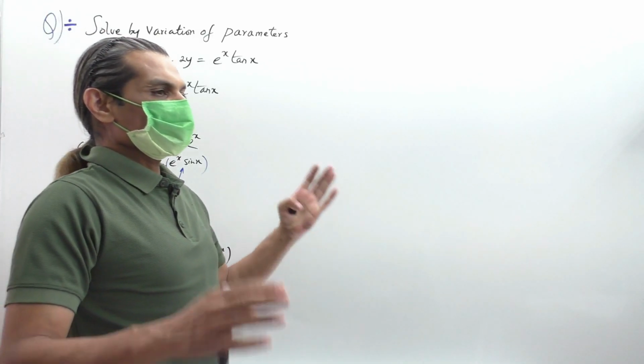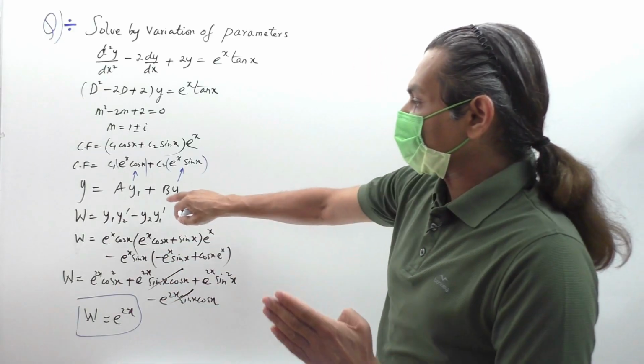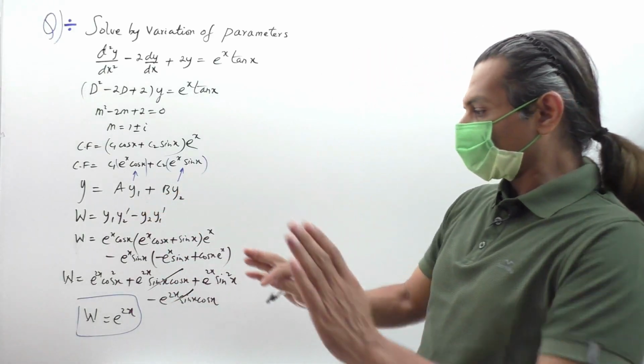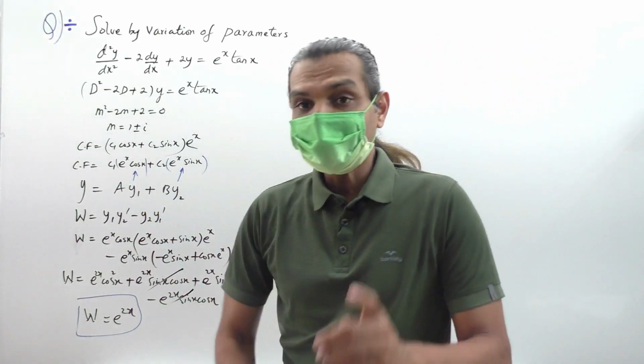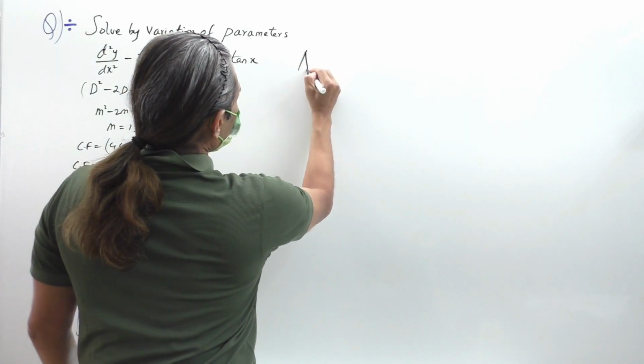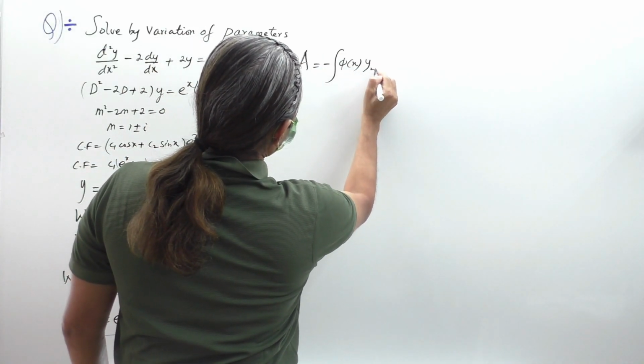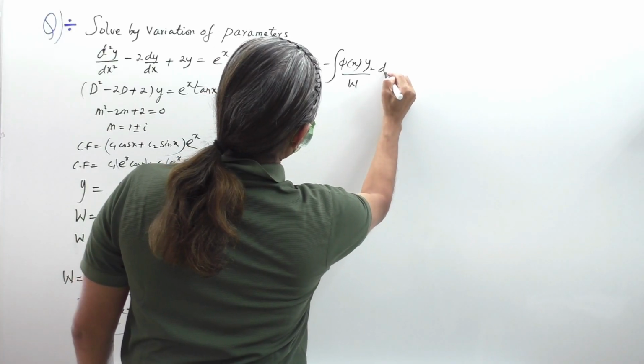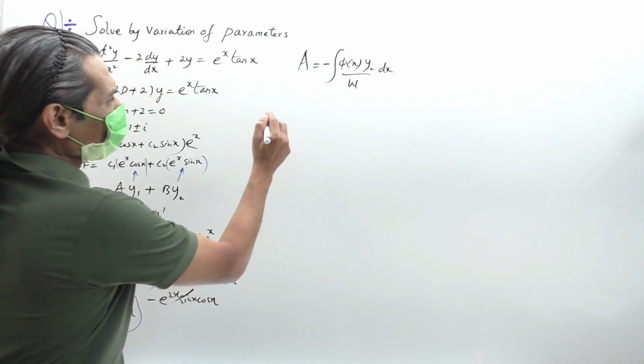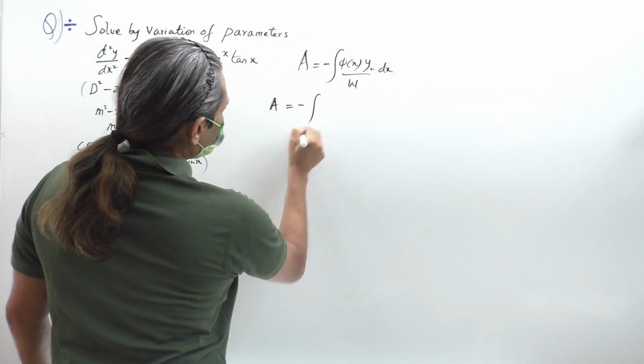Now, the formula. We need to find A and B to get a solution. To find A and B, we need W. So, the formula for A is always minus integration of phi of x into y2, whole divided by W, dx. Let us put it here: minus, what is phi of x?